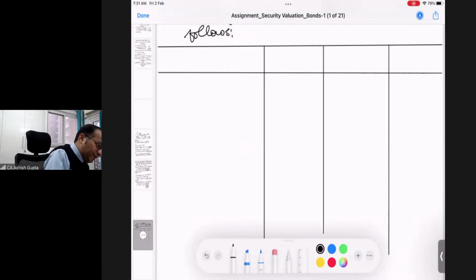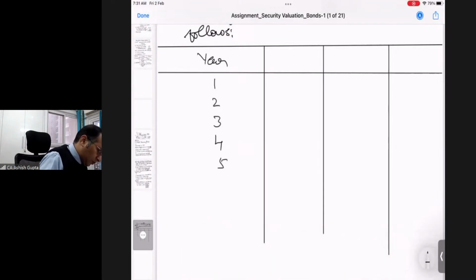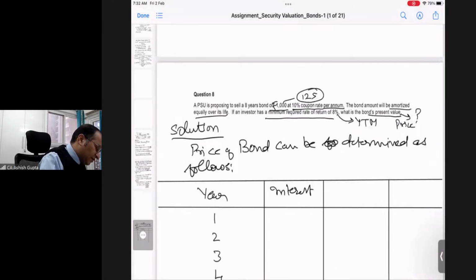Now, in the first part, first of all, we determine the interest. What will be the interest payable? First of all, since 10% interest is there, because see the question, it says it is a 10% coupon.